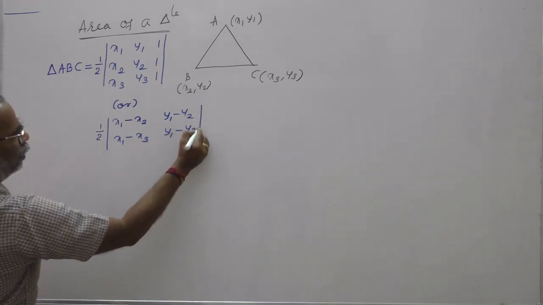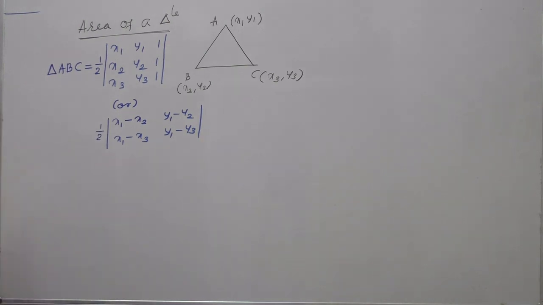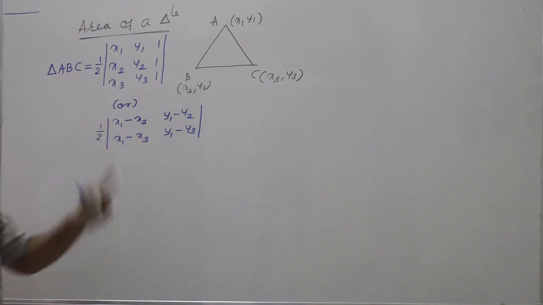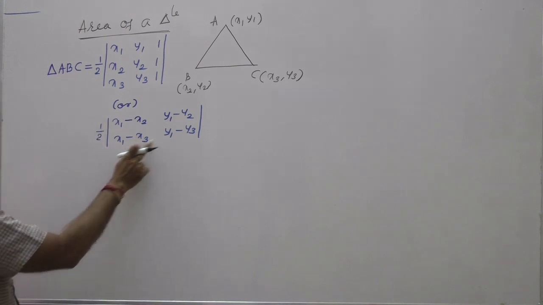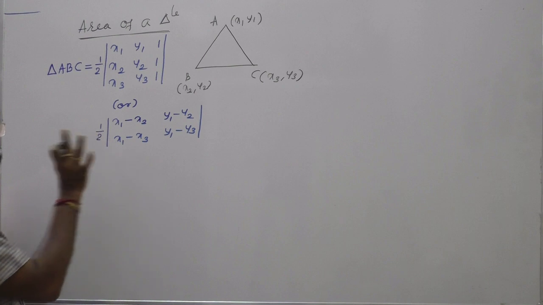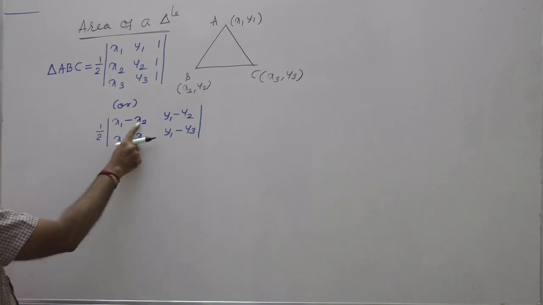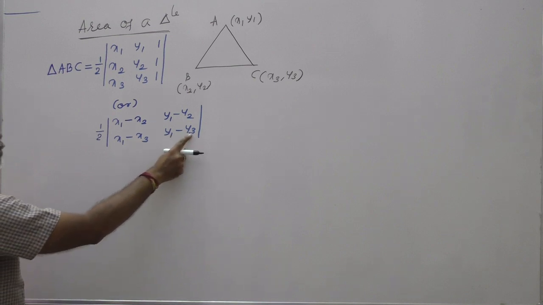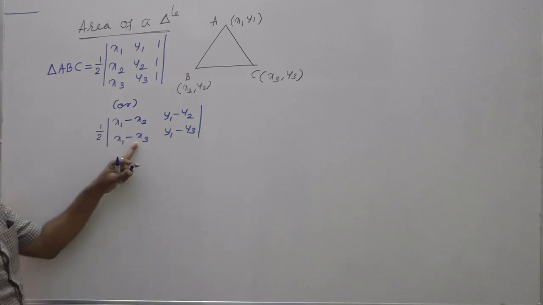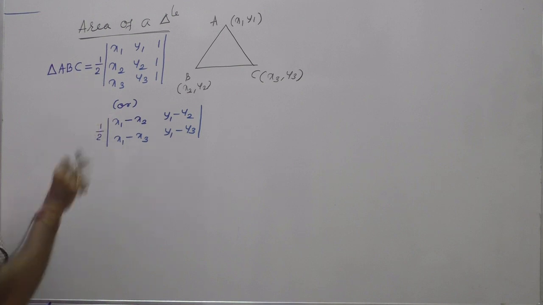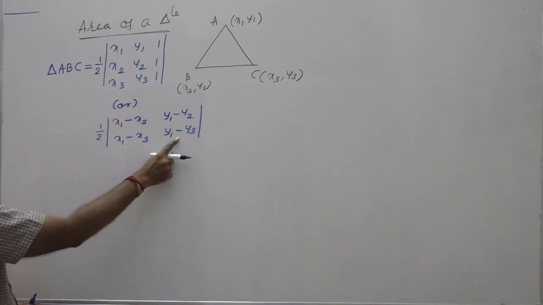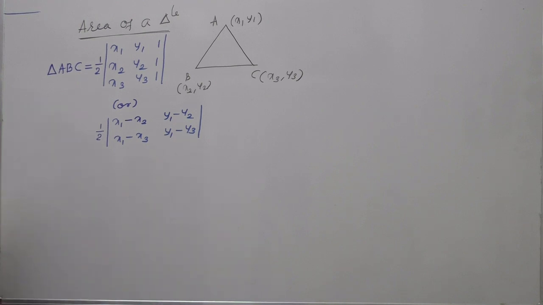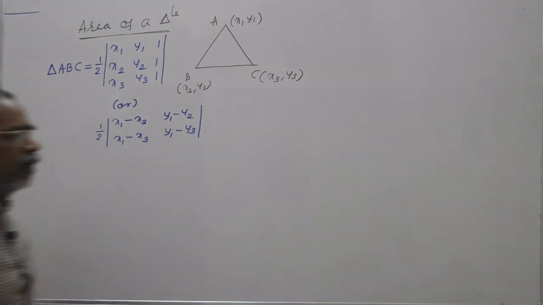This is a 2 by 2 matrix determinant. In problems this is good, because the simplification is just AD minus BC. I obtained this by row transformations. The second row can also be x2 minus x3, y2 minus y3, no problem. So this is the area.